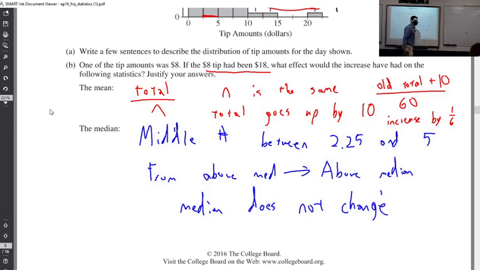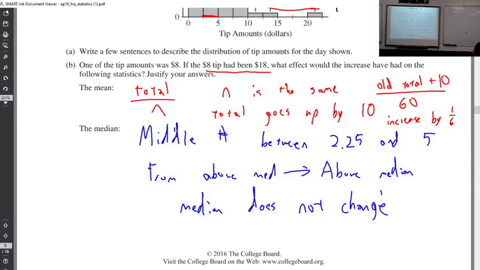The median is not affected by this value. Maybe if in the list I took a number below and made it to be a number above instead, then it would affect the median. But since it's above the halfway point, and then it moves and it's still above the halfway point, then the median in that case doesn't change.